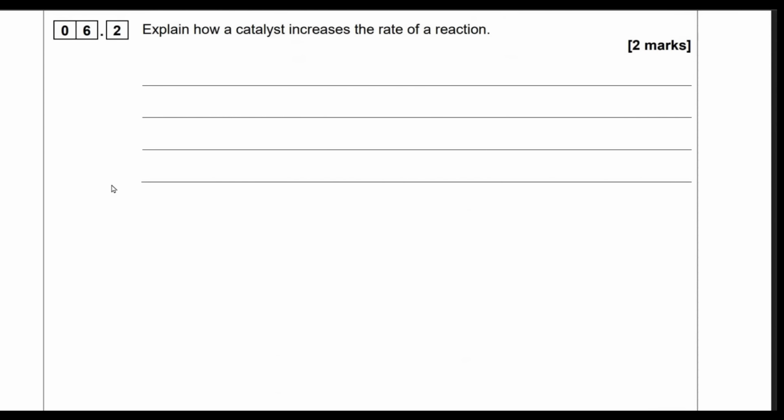Explain how a catalyst increases the rate of reaction. Right, there are 2 ways. It basically lowers the activation energy, which is the minimum energy for bonds to break. It lowers the activation energy by providing an alternative pathway. And people often write things like, oh, it doesn't get used up and things like that. But basically, it lowers the activation energy.